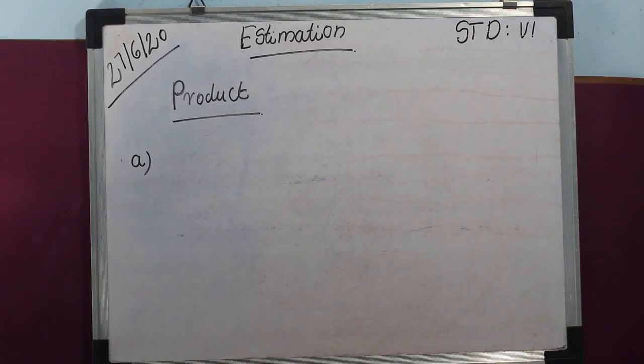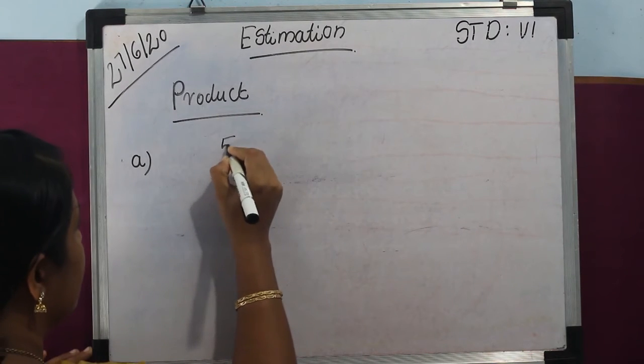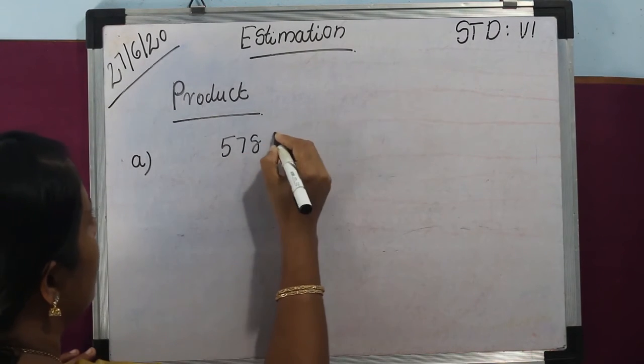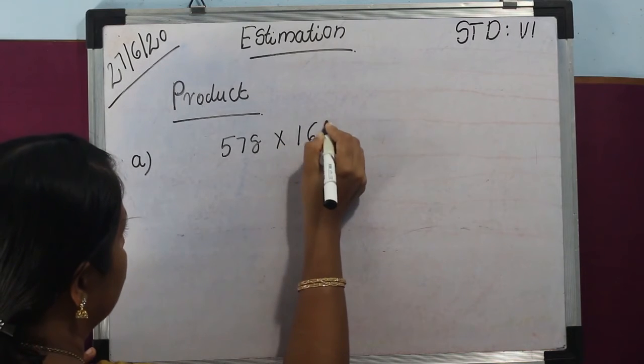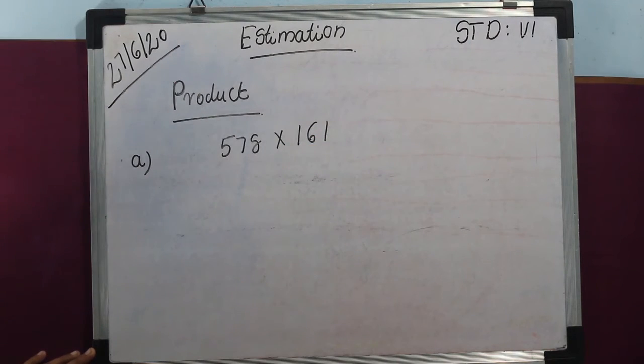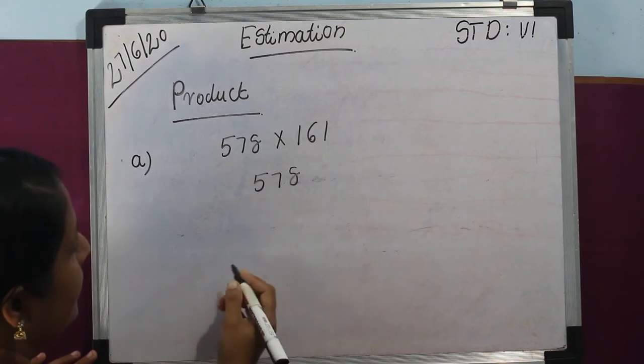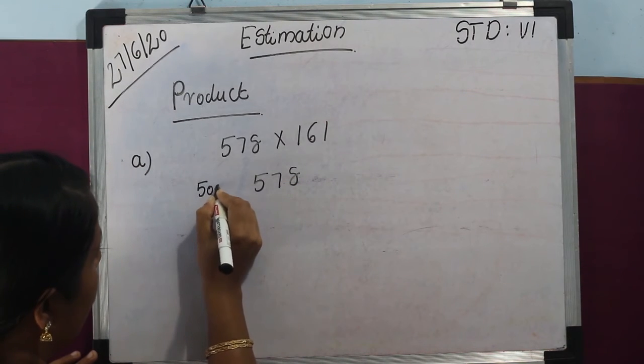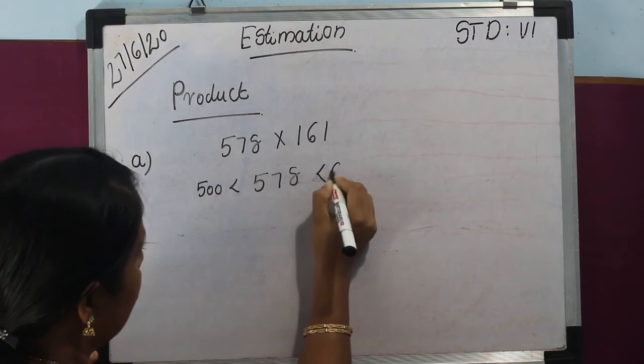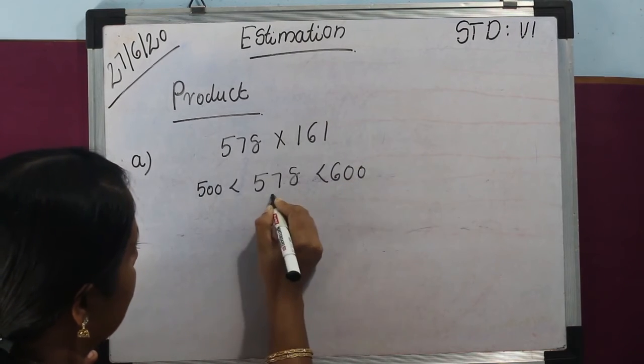Our first question is 578 multiplied by 161. Then we take the first number 578. Then 578 lies between 500 and 600. Next we take the number 78.